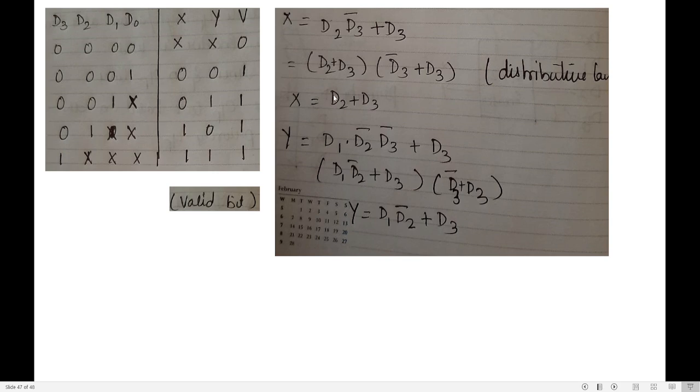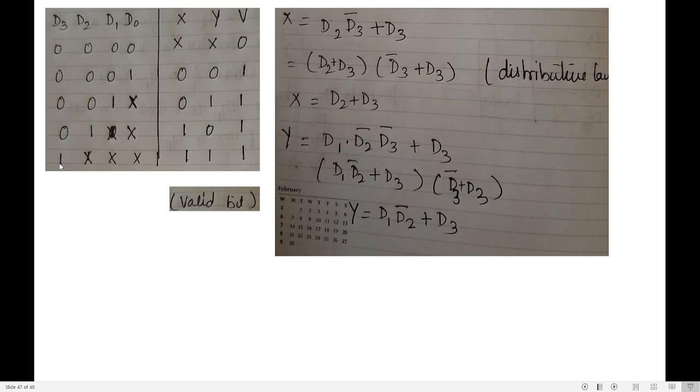Are we done with X? Now we need to find the logical expression for Y. Come and look here, you have 1 here. Find its corresponding inputs: D1, D2 bar, D3 bar, plus, you have 1 at this position also.